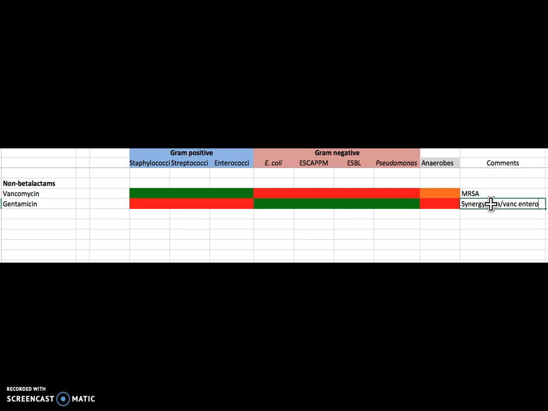This is usually in the setting of endocarditis. Sometimes the aminoglycosides are used for atypical mycobacterial and some other unusual infections such as brucellosis. But by and large, the use is in the aerobic gram-negative organisms.